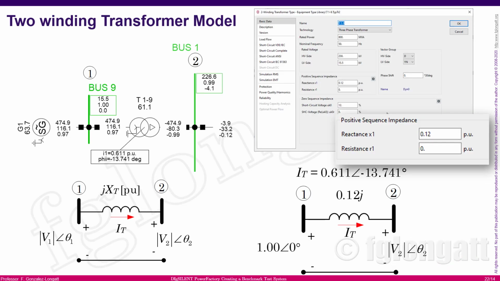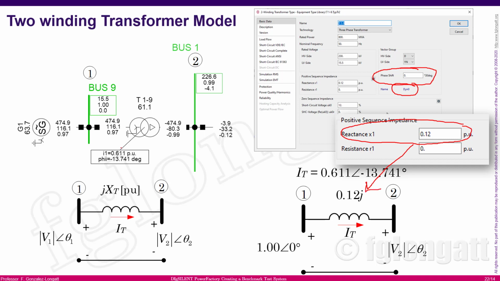Okay? If you remember, we are working with the transformer, and in this case, this is the transformer that we are working with here, and this is DYN0. And the reactance, you can see over here, is 0.12 per unit, okay? And this number is coming here.